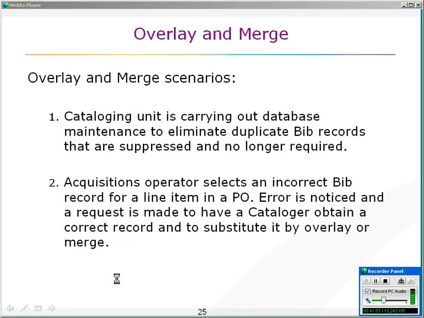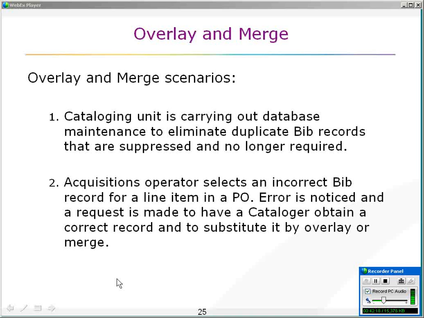A couple of scenarios just to help you understand how or why you might use the overlay and/or merge functions. We have a situation where a database maintenance project is being carried out by the cataloging unit to eliminate duplicate bib records that are suppressed and no longer required.